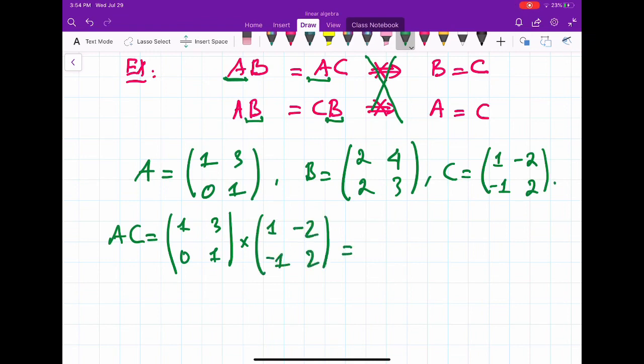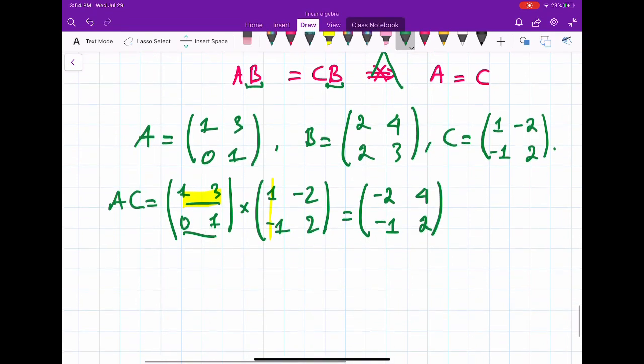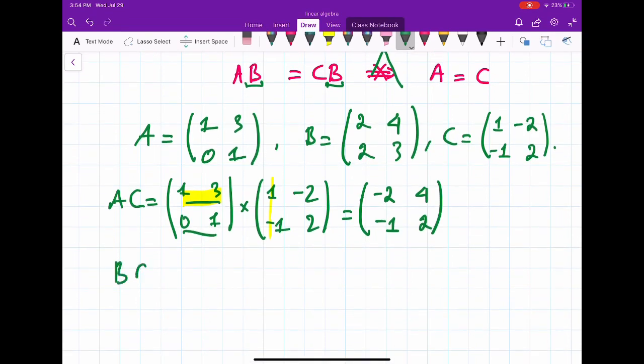So I do the usual multiplication. I take the first row, multiply with the first column. I have -2. And then the second row with the first column, I have -1, right? And then the first row with the second column, I have -2 plus 6 is 4, and then 2. That is AC, right?